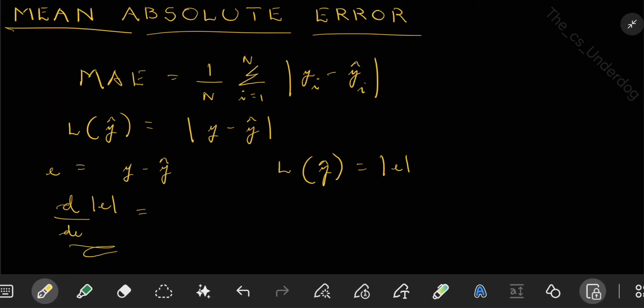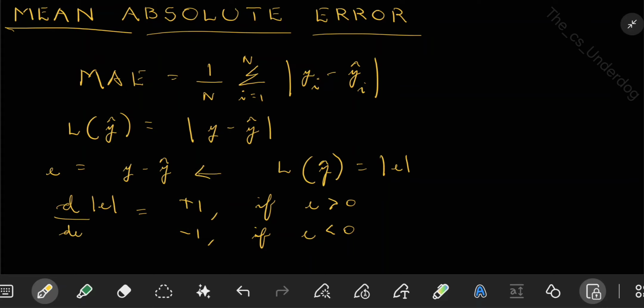So if I simply do d by dE of mod E, what will I get? It will be plus 1 if E is greater than 0, and it will be minus 1 if E is less than 0. This is very simple, you already know. One more thing I'll clarify here. E greater than 0, what does that mean?